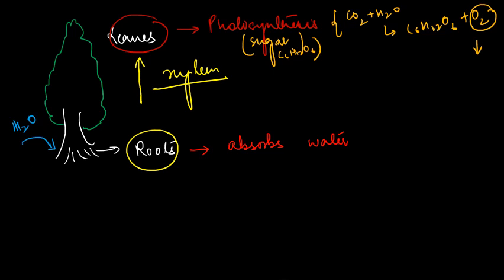Now this sugar needs to travel from leaves to the roots or other parts of the plant. Who carries the synthesized sugar from the leaves to roots or other parts of the plant? It is your phloem. So this phloem, whatever sugar is prepared or synthesized in the leaves, it takes to the roots or to other parts of the plant, right?